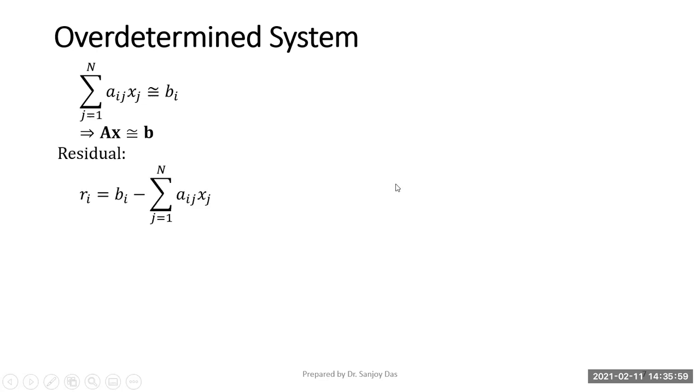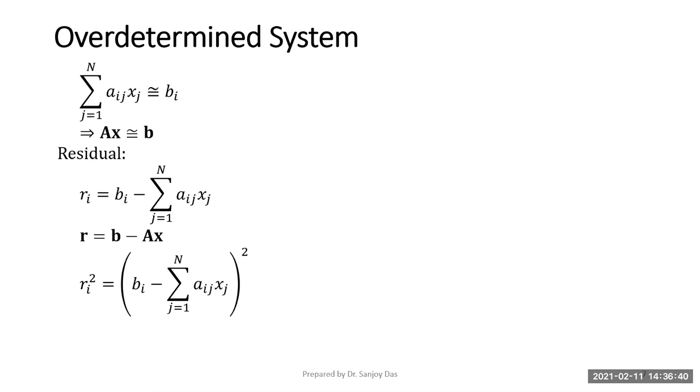Let's define the residual as the difference between these two. This is Ri. We want this difference to be as close to 0 as possible, right? So Ri is called the residual, which is bi minus summation Aij xj. And vectorially, r equals b minus Ax, where this is the vector of residuals. Now, the residual Ri might be plus or minus, right?